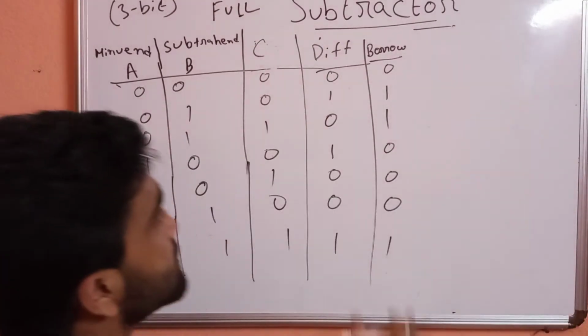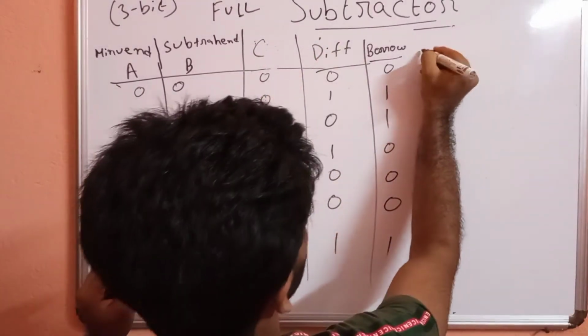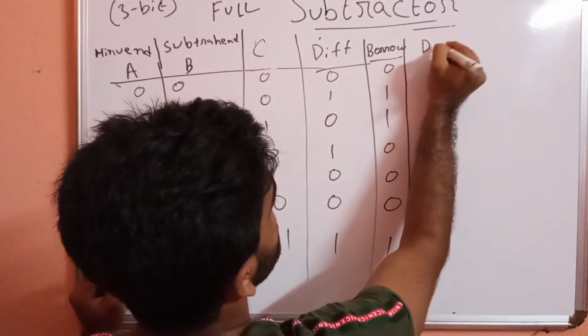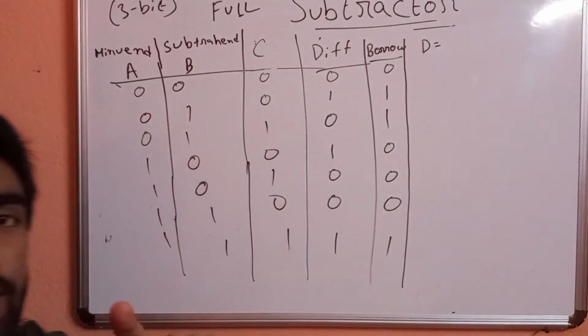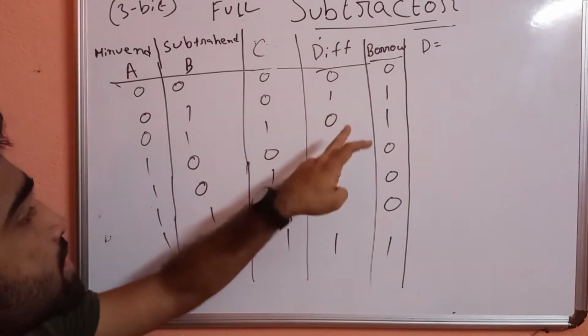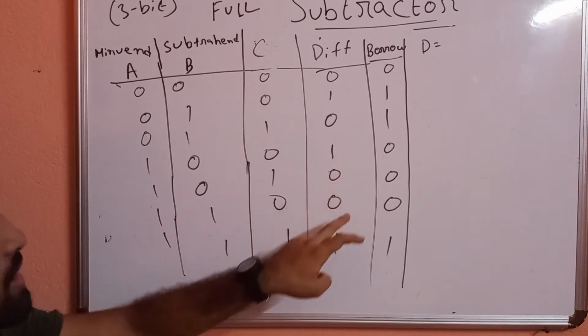Now, what will be the simplified expression for difference? Let us see. Simplified expression for difference. We are considering the SOP expression only. That means we are considering the min terms only: 1, 3, 4, 5, 7.